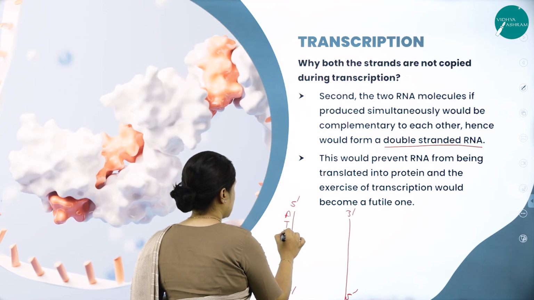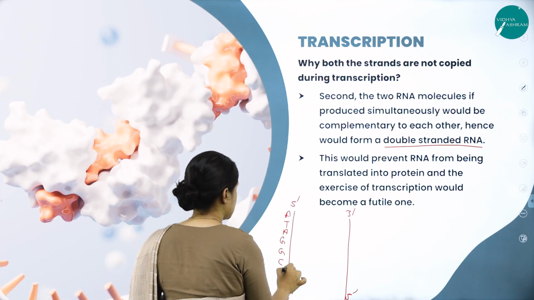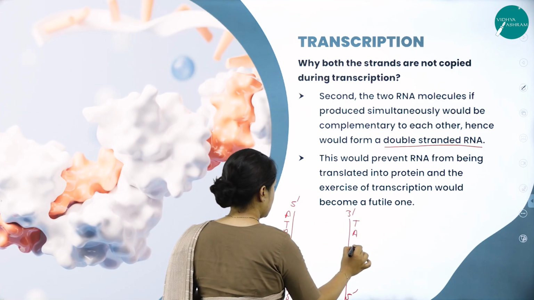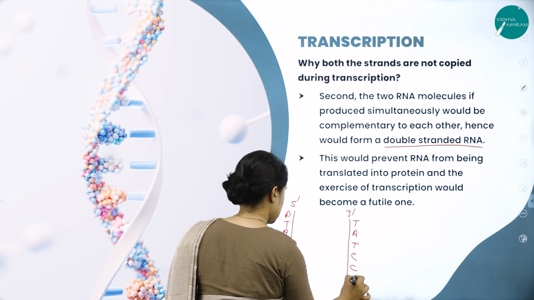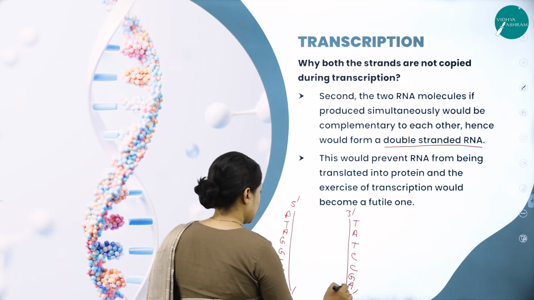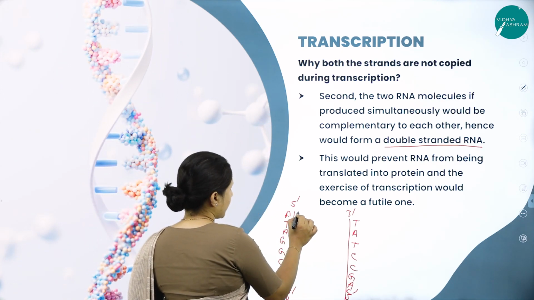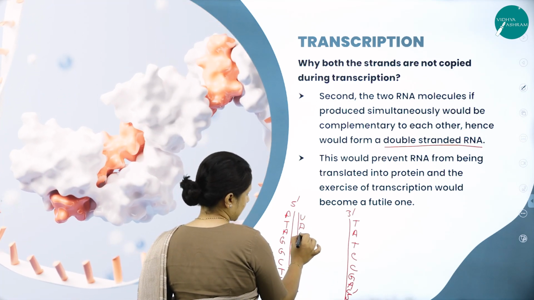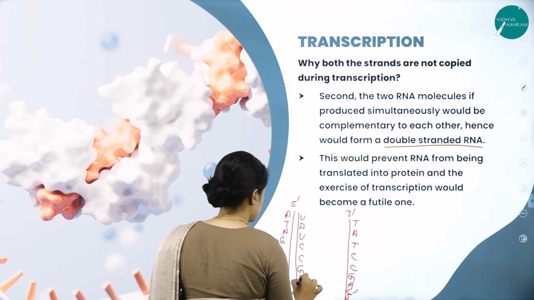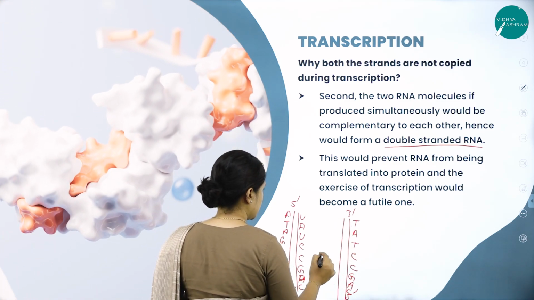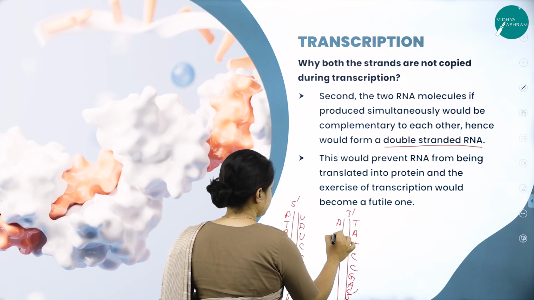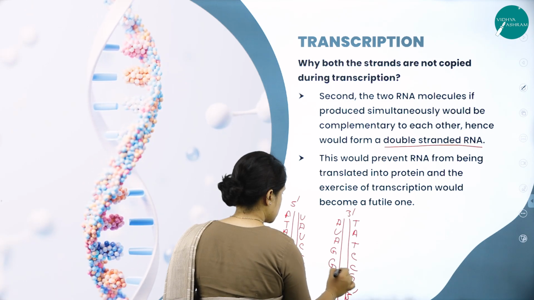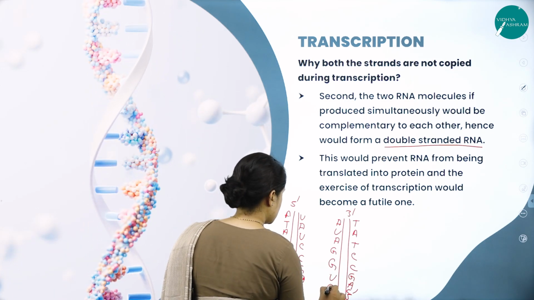So A, T, A, G, G, C, T, G. Now complementary to this, T, A, T, C, C, G, A, and again one more C. If I'm drawing an mRNA strand for this, it will be U, A, U, C, C, G, A, C. Now for this, it will be A, U, and again an A, G, G, U, and a G.